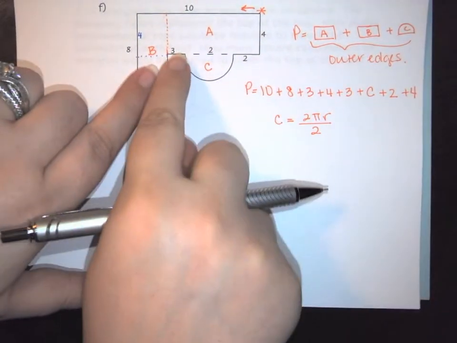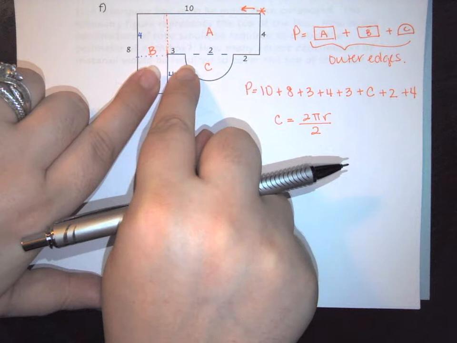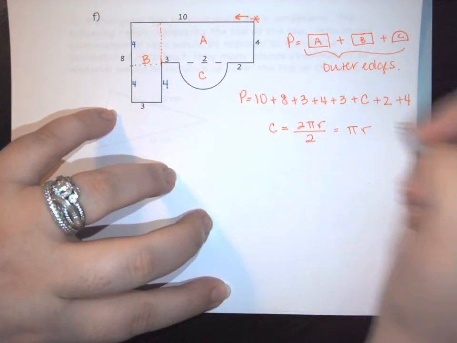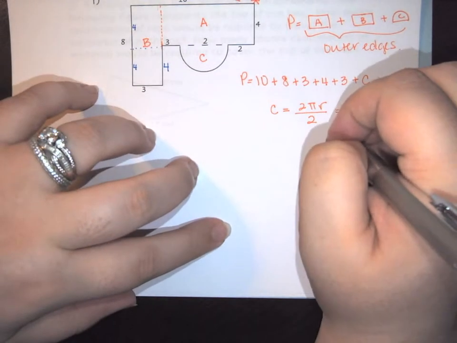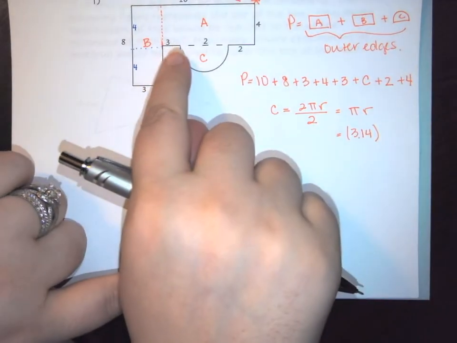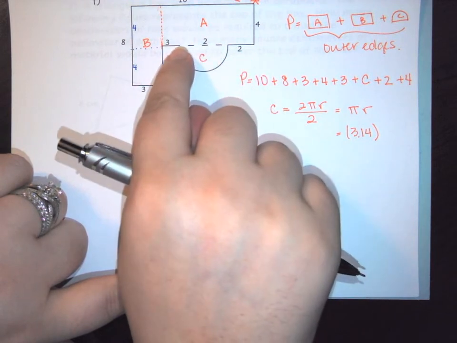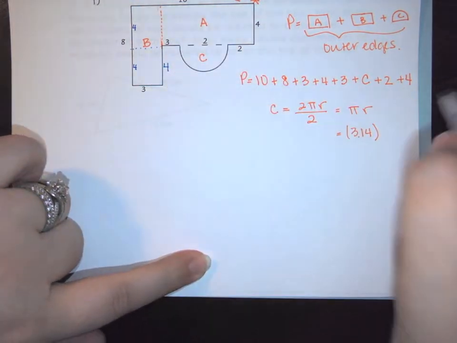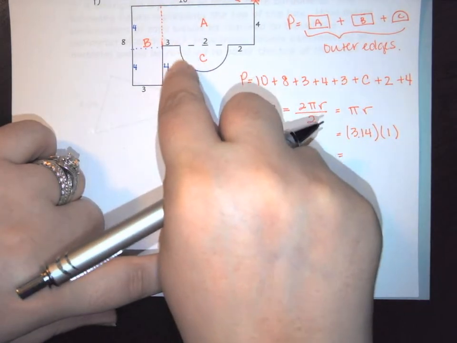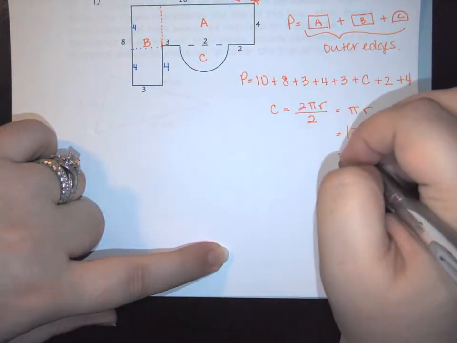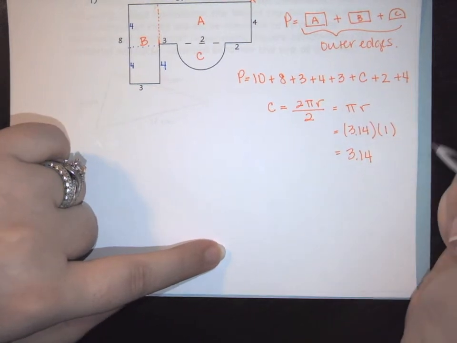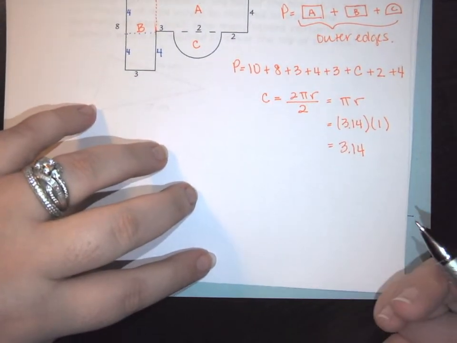So my C piece here, this outer edge, is going to simply be pi times r. Pi is going to be 3.14. My diameter across the circle is 2, which means the radius is half that, so this is times 1. So this little circumference piece right here is going to be 3.14.